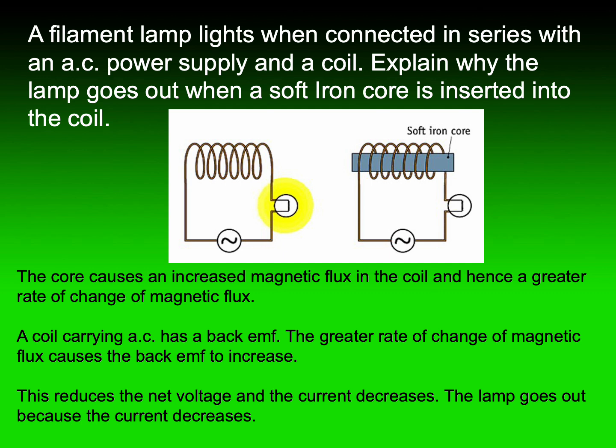The coil then carrying that AC will have a back EMF, and the greater rate of change of magnetic flux will cause the back EMF to increase. So this actually pushes back against it and reduces the net voltage, and the current will decrease. So the lamp will go out because the current will actually decrease.